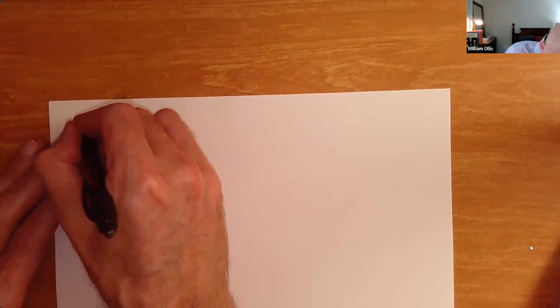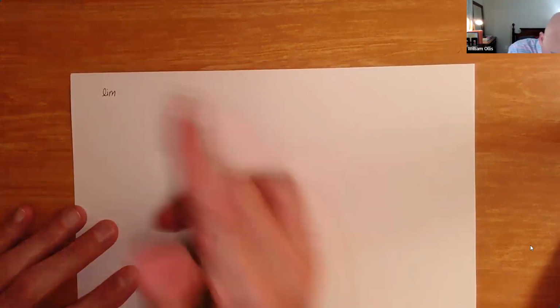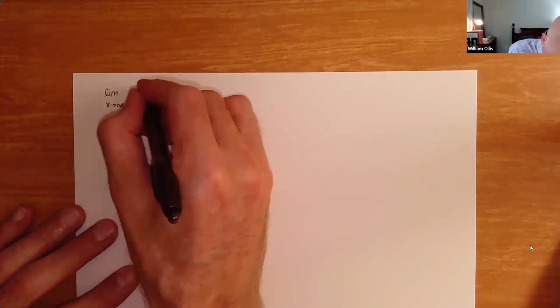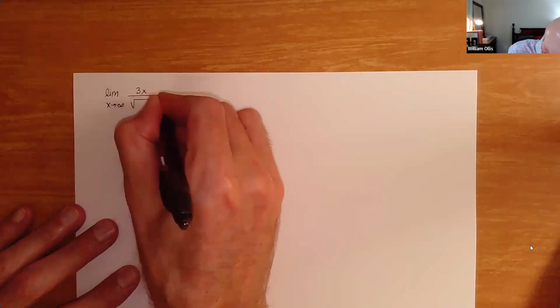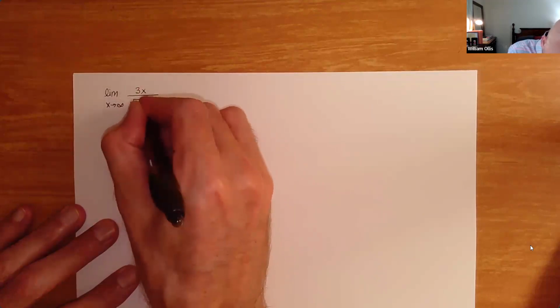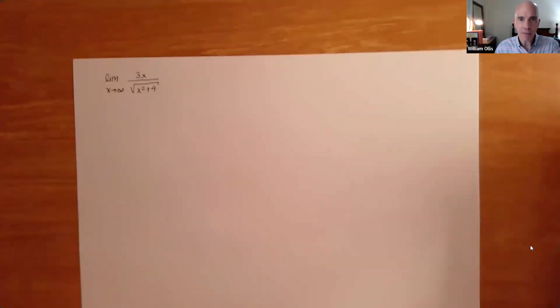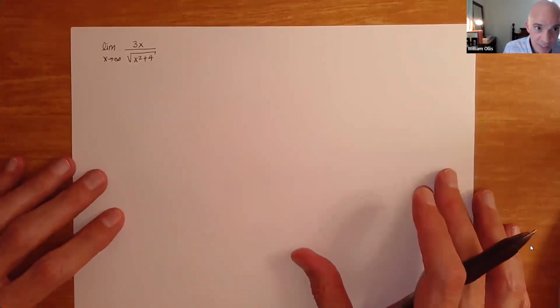Here's the example. We have the limit as x approaches infinity of 3x divided by the square root of x squared plus 4. Let me move this up a little bit. There we go. So we get a little more space here so that you can see the page.